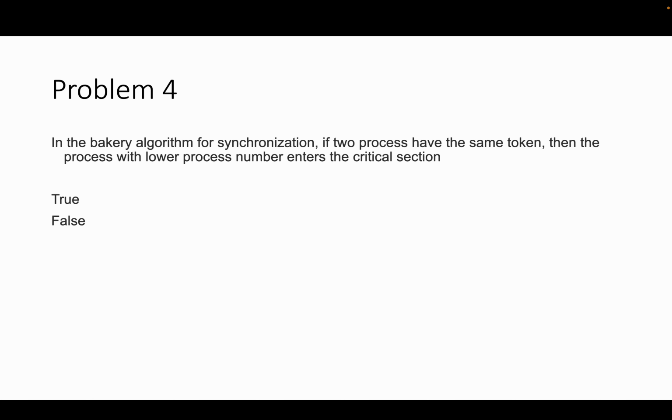Then problem number 4 here is: in the bakery algorithm for synchronization, if two processes have the same token, then the process with lower process number enters the critical section. Any thoughts or ideas?